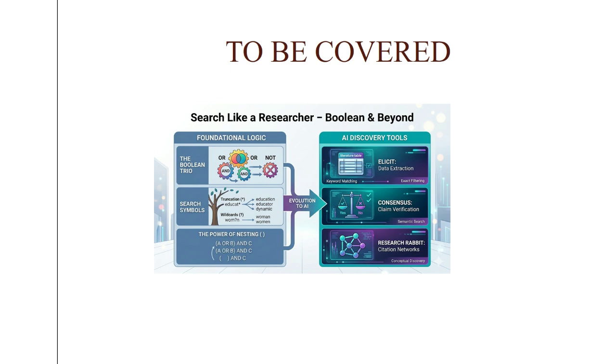We are saying searching in different information sources that we have, be it databases, be it different platforms. We have tools like Boolean operators that we used to use. We are used to having these Boolean operators, that's and, or, and not, and then search samples like truncation, wildcards, and also nesting. We'll talk about these.